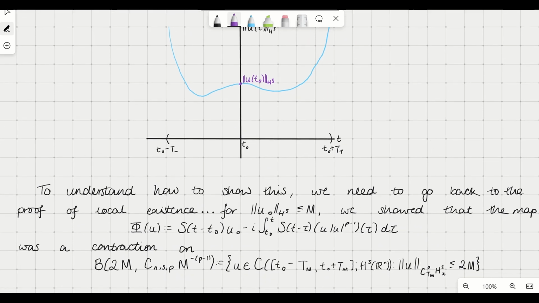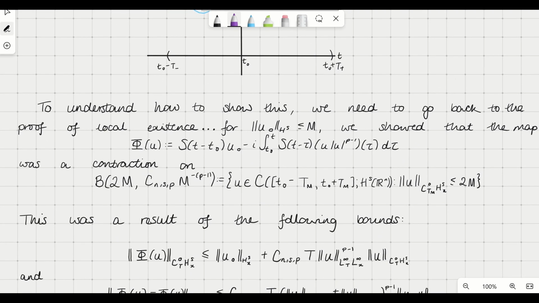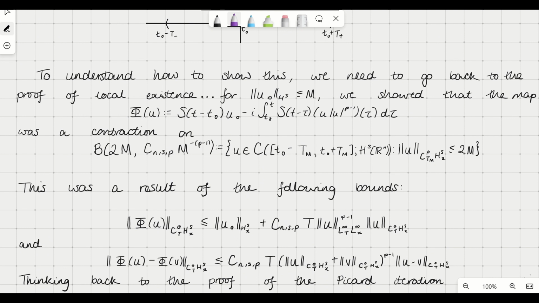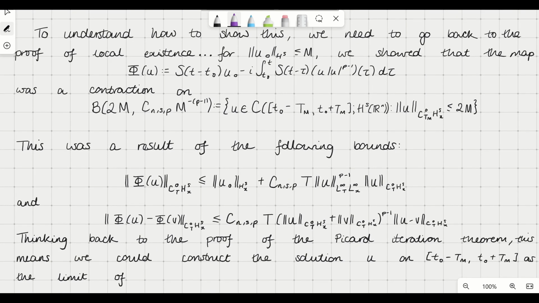Well, to understand this, we should really go back to the proof we did of local existence in H^s. So how did we show this? We showed that this solution map, Phi, and I'm going to put a Phi of t0 just to emphasize that this has initial data at t0, because we're going to be using this solution map at lots of different times in the proof of our theorem, was a contraction on this ball, which was the set of functions u continuous on an interval into H^s whose norm in H^s was always bounded by 2M.